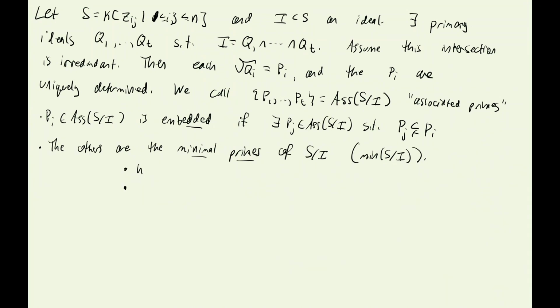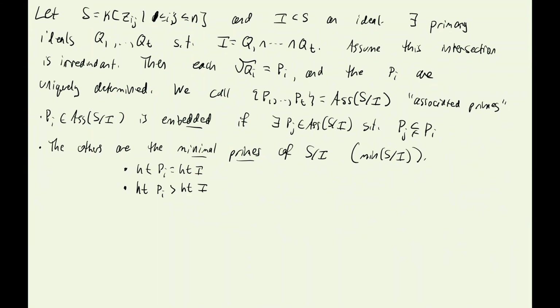One is that the height of Pi equals the height of I, and the other is that the height of Pi is greater than the height of I.